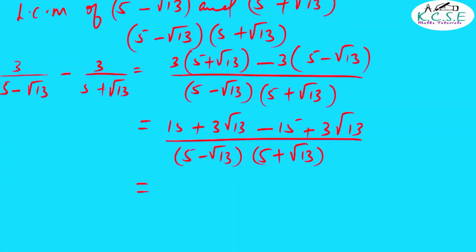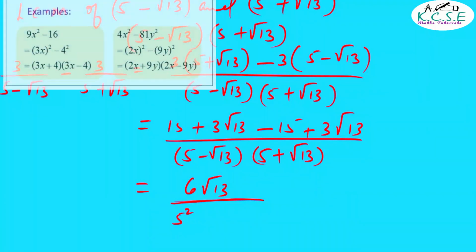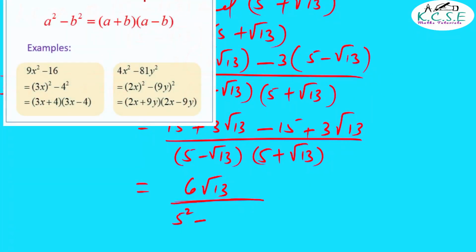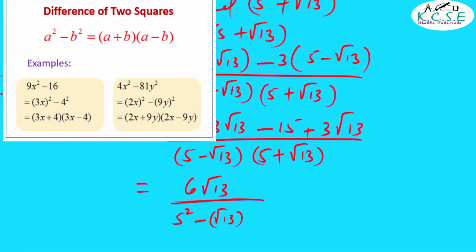So we continue to simplify. 15 minus 15 is 0. 3 root 13 plus 3 root 13 gives 6 root 13. Then divided by, now when you look at the denominator, this is a difference of two squares, which gives 5 squared minus root 13 squared.